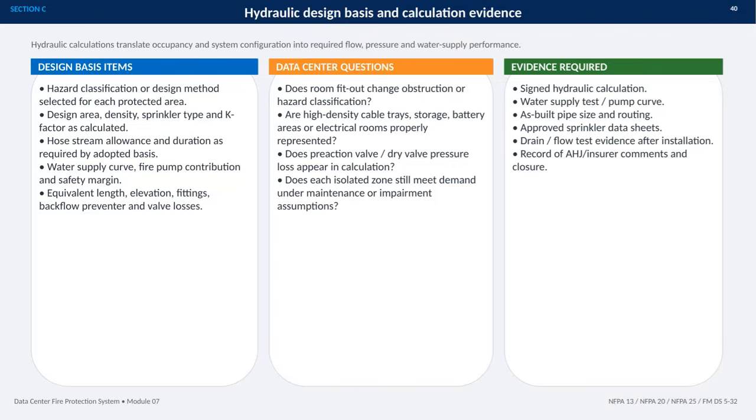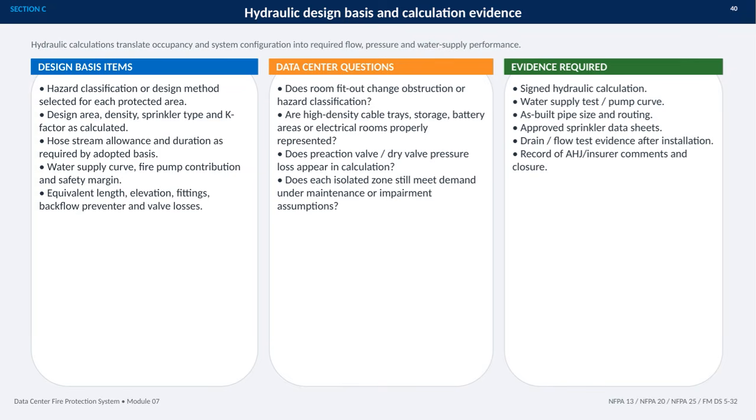This section establishes the hydraulic design basis and the evidence needed to demonstrate that the fire protection system will perform as intended. Hydraulic calculations translate the occupancy, hazard classification, and system configuration into required flow, pressure, and water supply performance.